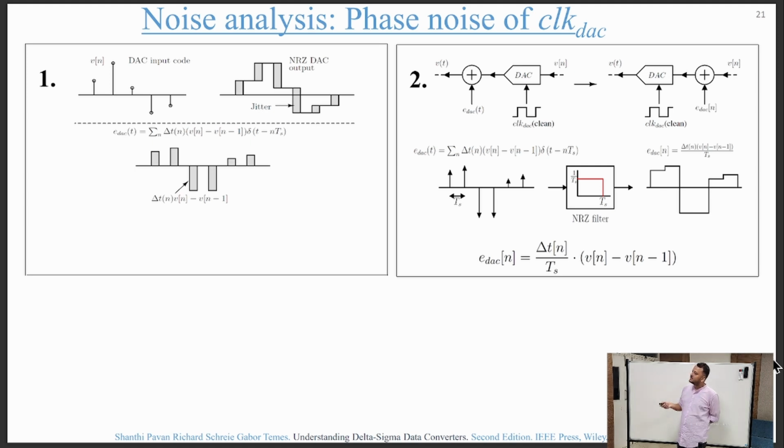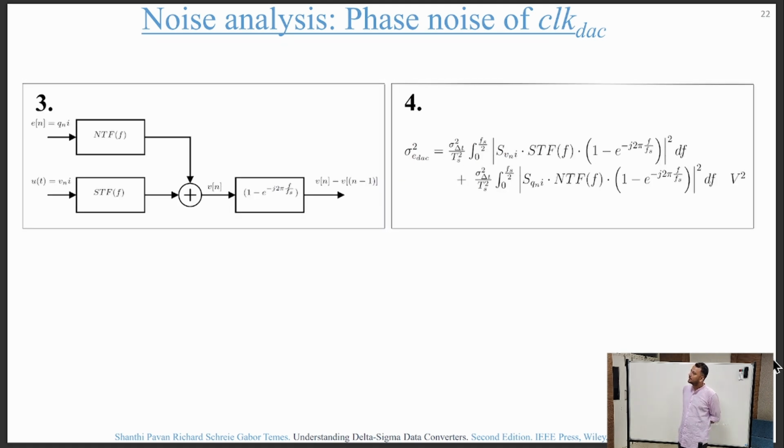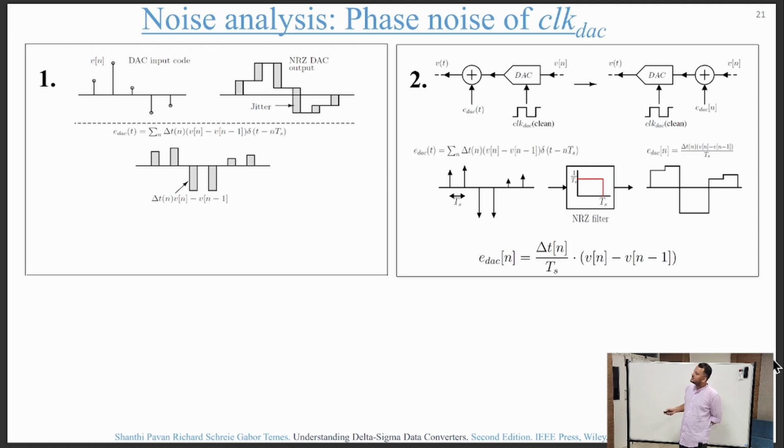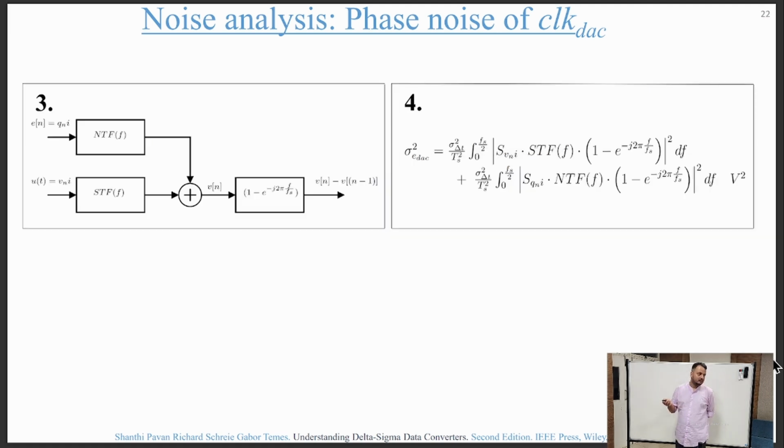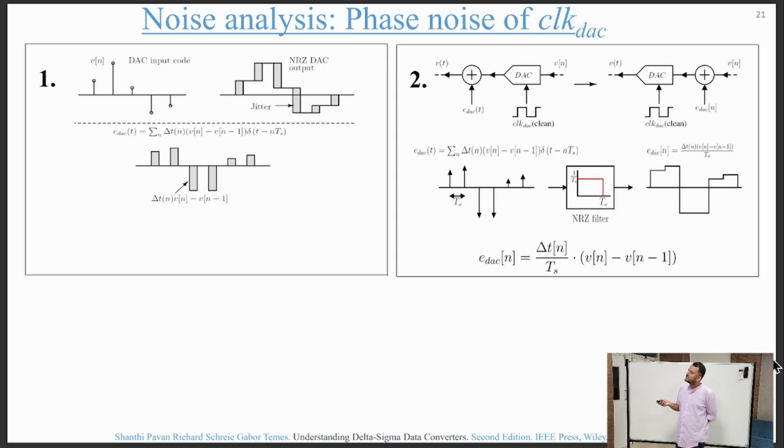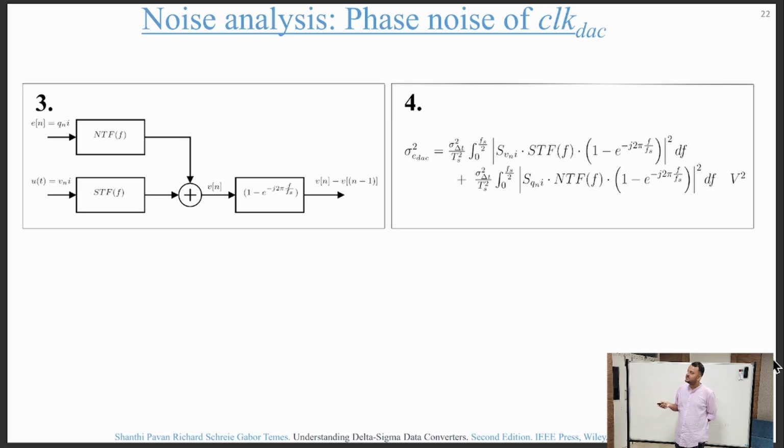Finally we get this E_DAC[n] sequence, a model of E_DAC[n], which is used to calculate the variance of jitter due to the jittering DAC clock. And again, this V[n-1] is modeled as discussed earlier, and since it occurs directly at the V[n] output of the CTDSM, the mean square value is calculated. So that is shown.